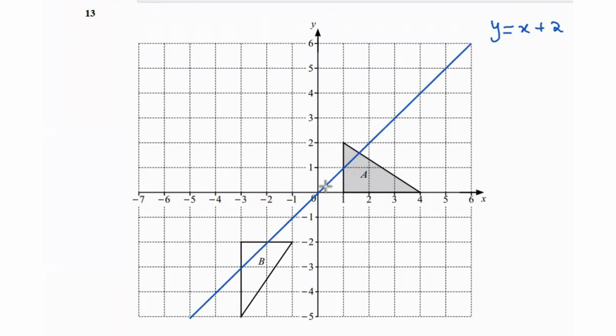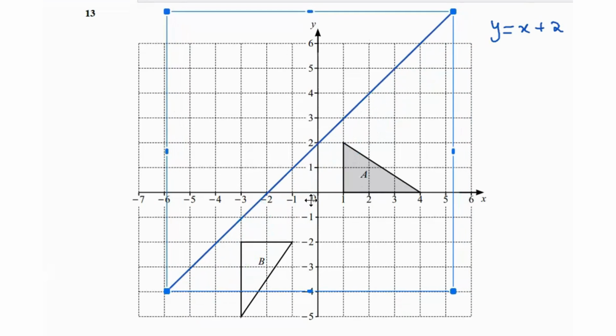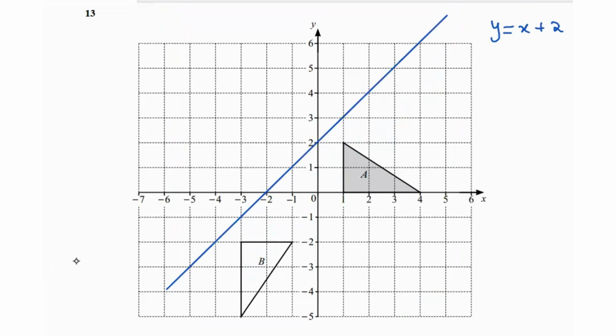Now this line has a 2 being added. So if something is being added to y, we move that many units up. So that means we move this line 2 units up. So this is your line now.